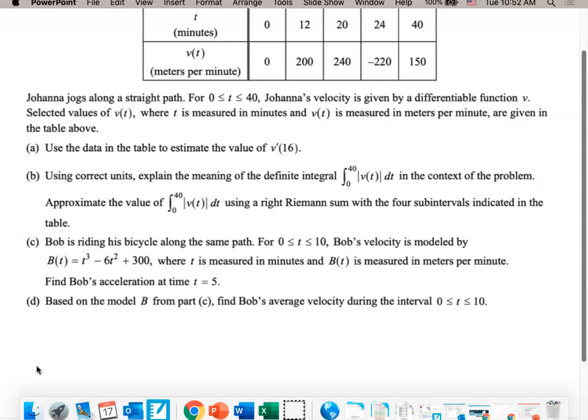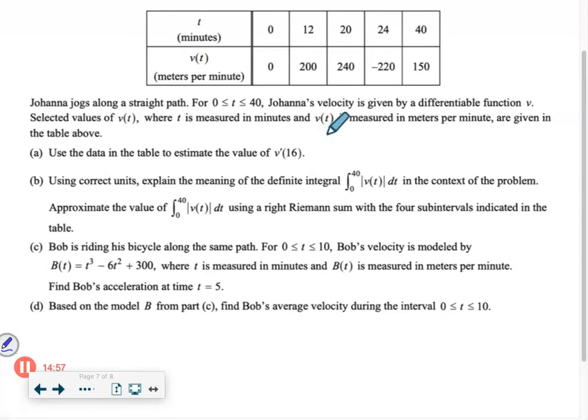There we go. So v prime of 16, when you're doing a derivative from a table, you just go up one, down one, and do slope of the secant. So we would have 240 minus 200 over 20 minus 12. If you clean this up, you get 40 over 8, which is 5.